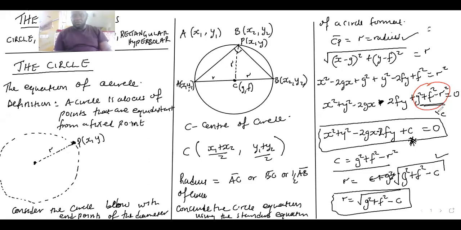But now, this small c, when you relate it in this form, you can make r the subject in case you have been given the center, you have been given that value of c, you can find the radius of the circle. So you can be asked to find the radius of the circle using this relationship. That is how I came about with that square root. So Tushime, is that better?